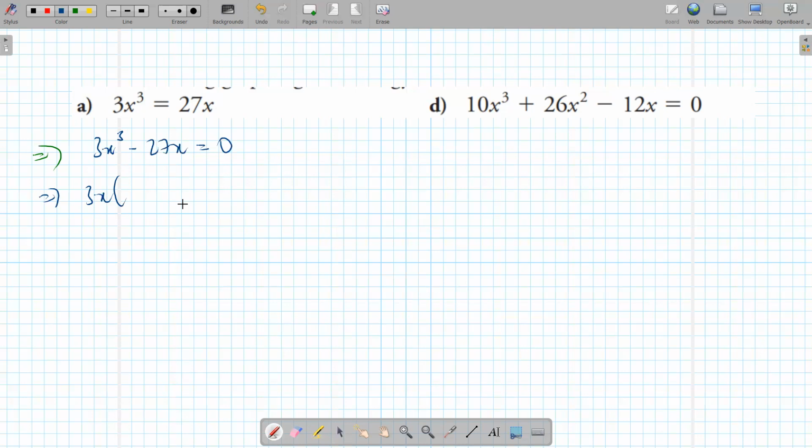3x squared minus 9x. Close, but no. Try again, you got one more shot. You said 3x squared minus 9x, that's wrong. Minus 9 is right. What of the first term? It's not 3x squared.